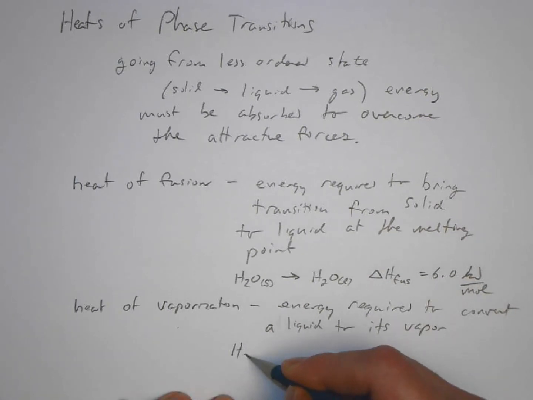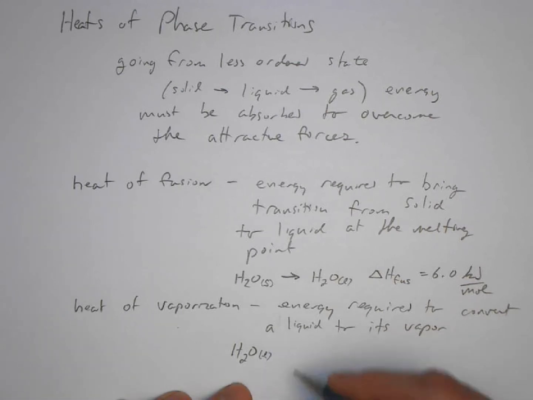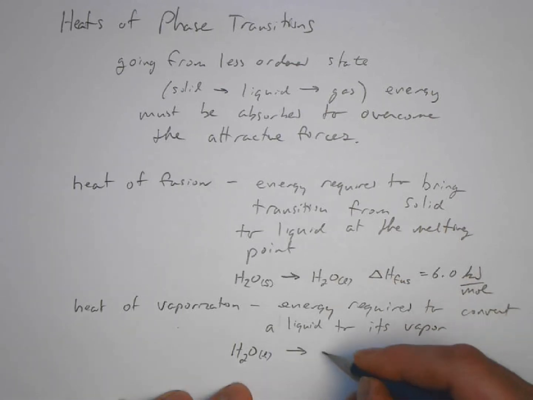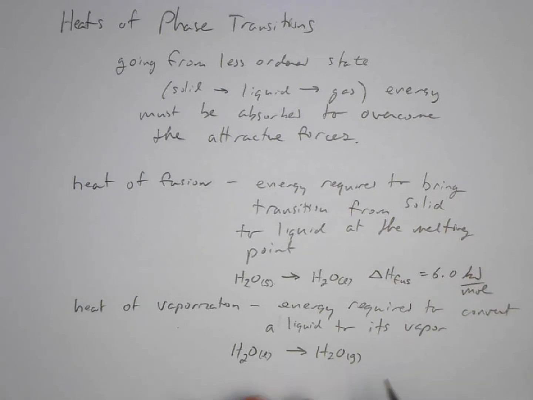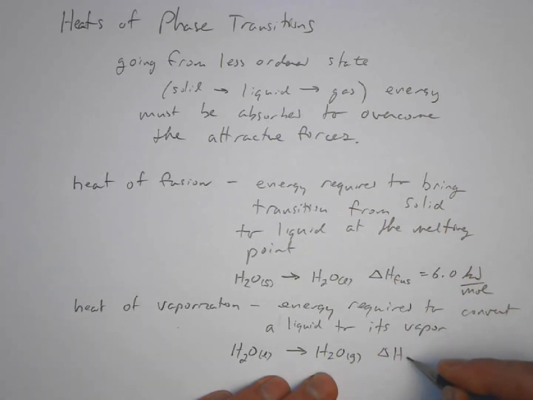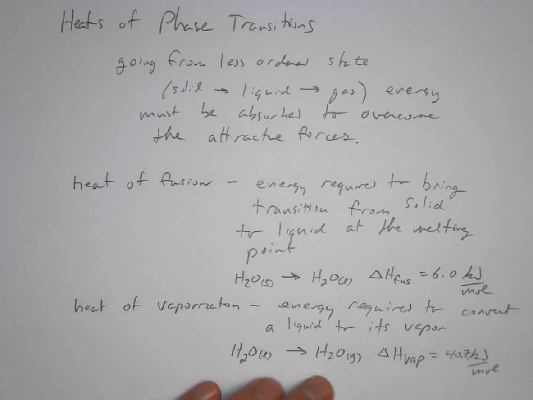Just again to give us an idea of the energies that are involved in this. Water liquid to water gas, the delta H of vaporization is 40 kilojoules per mole, 40.7 kilojoules per mole.